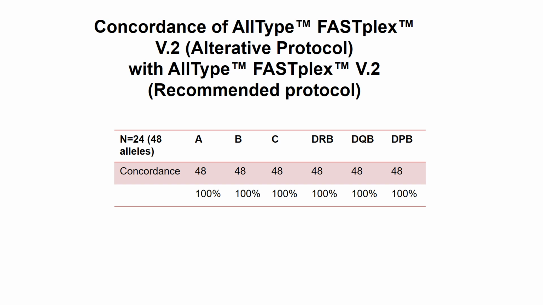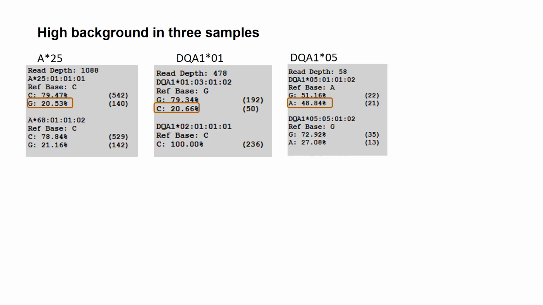Interestingly, comparing the AllType FASTplex version 2 using the alternative protocol with the AllType FASTplex version 2 using the recommended protocol, we were able to achieve 100% concordance in the 24 samples that we analyzed. We noticed that in 3 samples there was high background in the alternative protocol compared to the recommended protocol.